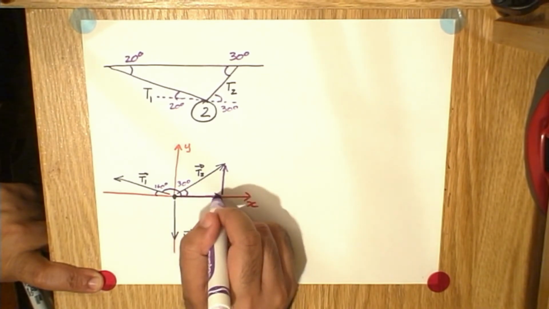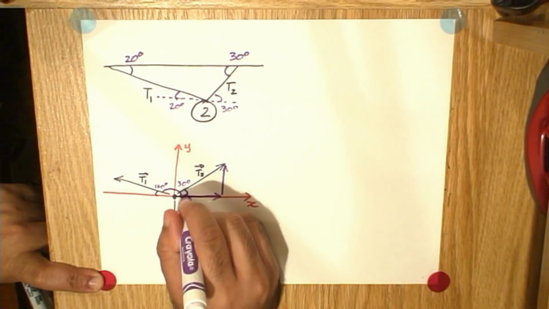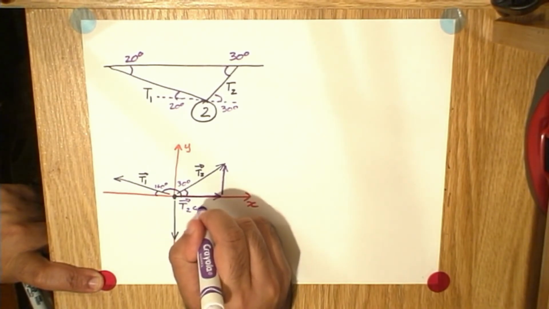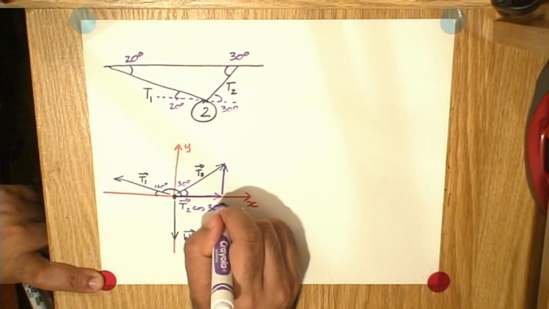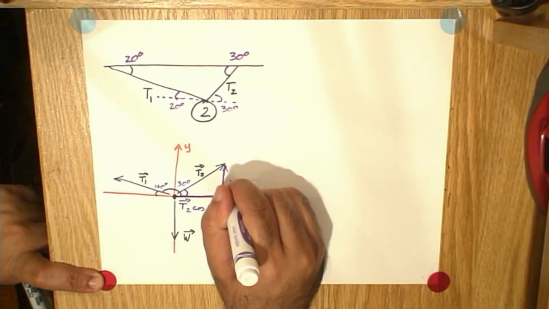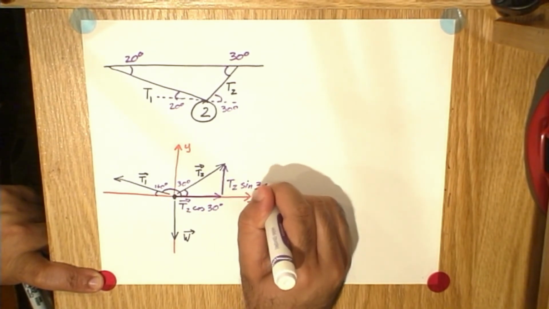This is the adjacent side of 30 degrees. That means that it's going to have a cosine attached to it. T2 cos 30 degrees. What about this? This is the opposite side. So this is going to be T2 sine of 30 degrees.